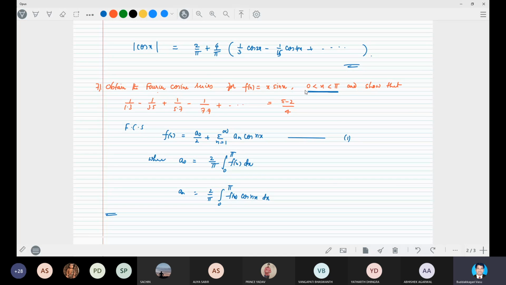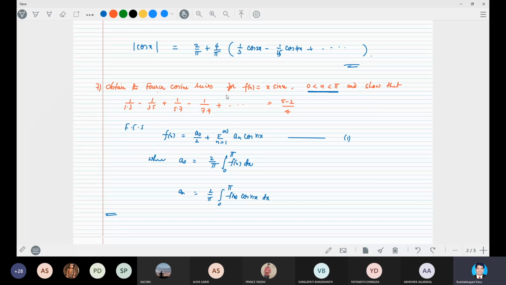Whereas in minus pi to 0, the function is assumed in the extended interval to be an even function, so that we can find the Fourier cosine series, right? In that extended interval from minus pi to pi, the function will be an even function, so therefore the Fourier cosine series can exist, right?